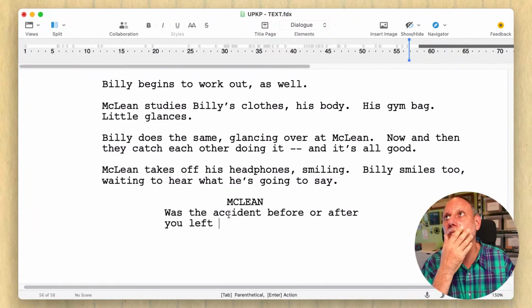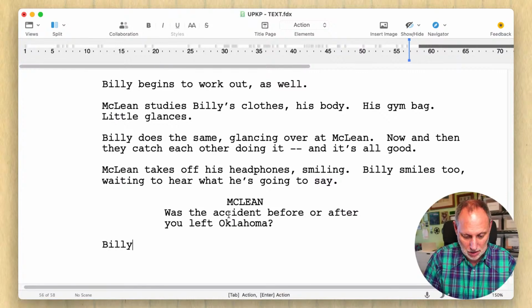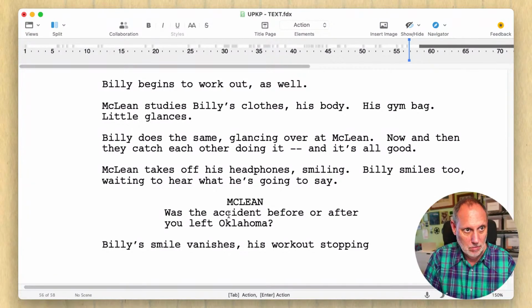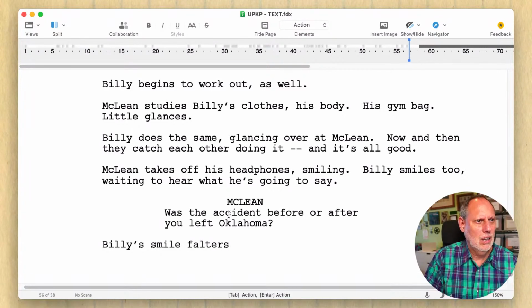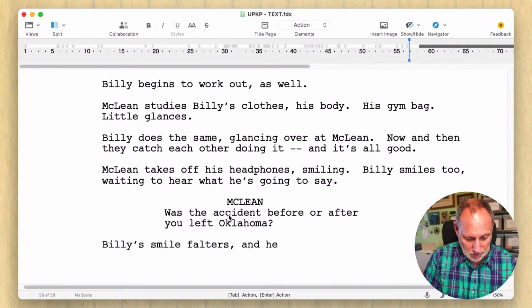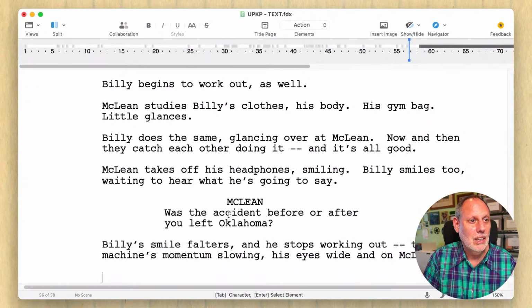Was the accident before or after you left? Falters, not vanishes.